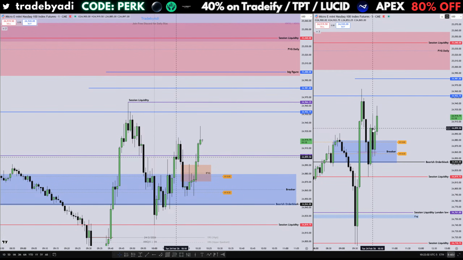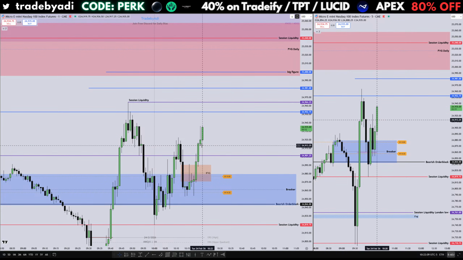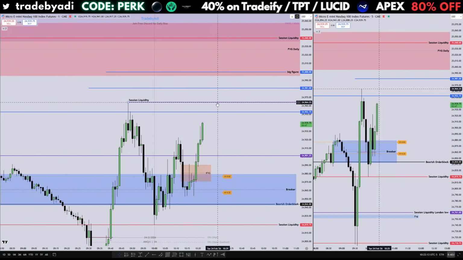And if we close above this 5 minute order block or propulsion block, I think we are going to tap this gap and go for this buy side liquidity.